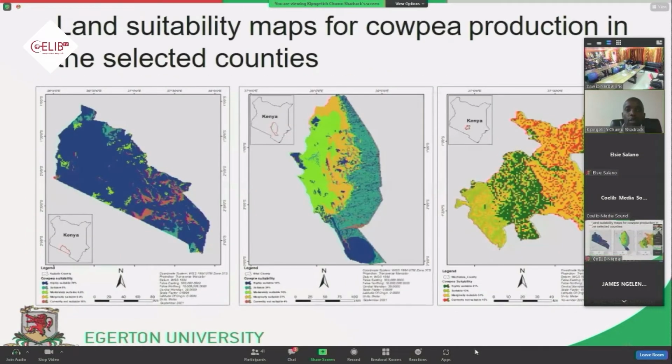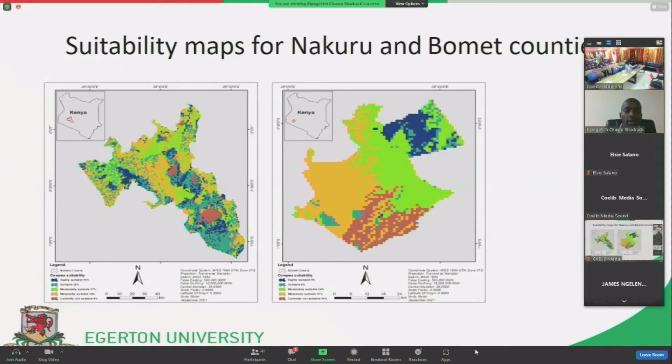On land suitability, it was found that Kajiado County was leading in terms of area suitable for cowpea production at 78%, followed by Kitui at 44%. It was then followed by Nakuru County at 42%, and Bomet County was the last with 15%.